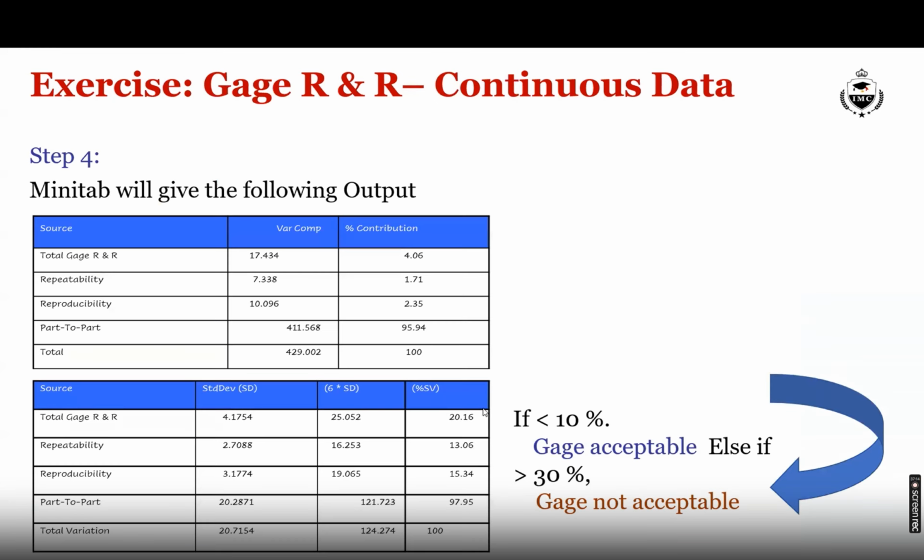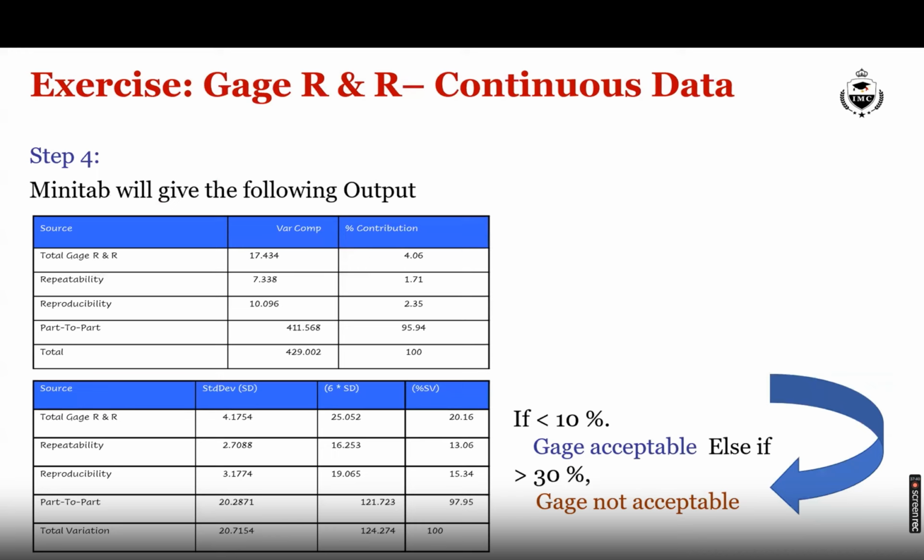Click on OK. We get a value: total gauge R&R is 20.16. This is continuous data because this is call related, time related data. So here the gauge R&R percentage is 20.16, which comes within the 10 to 30% range.